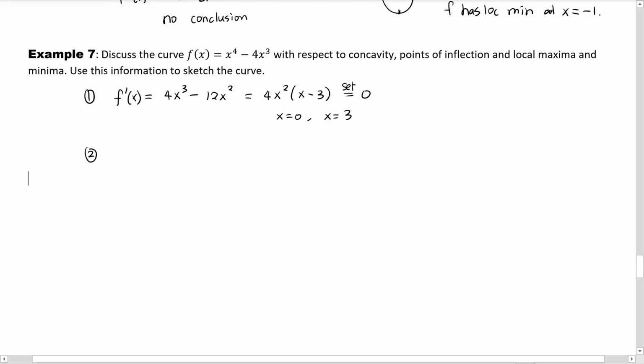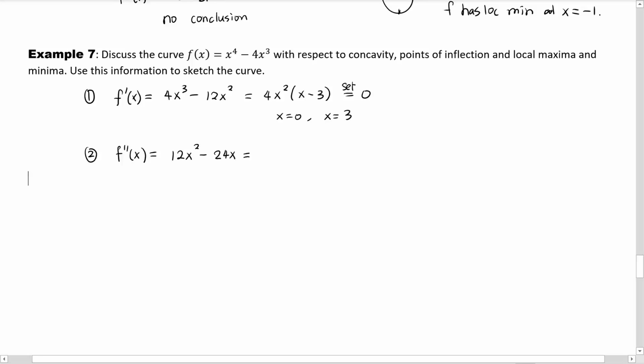The second step is to take the second derivative. We use this formula, not the factored one, because we don't want to use the product rule. The derivative of 4x cubed is 12x squared, and the derivative of 12x squared is 24x.